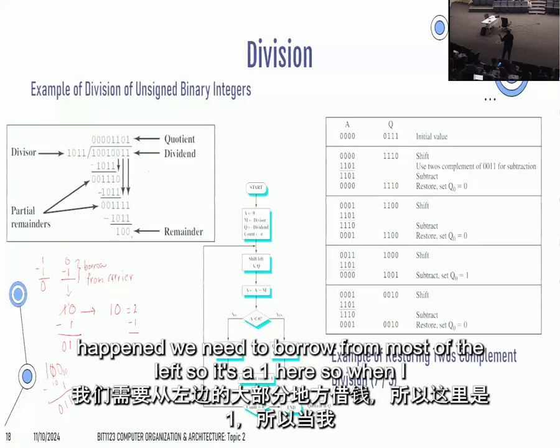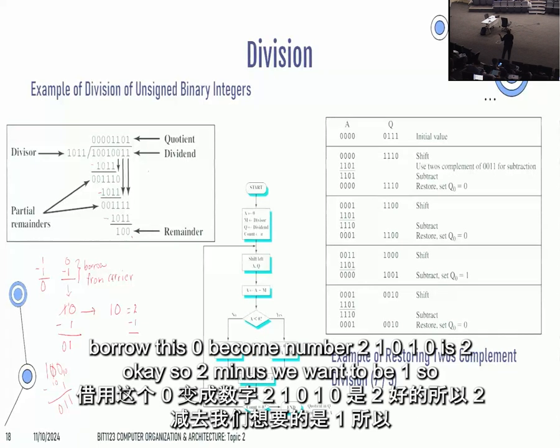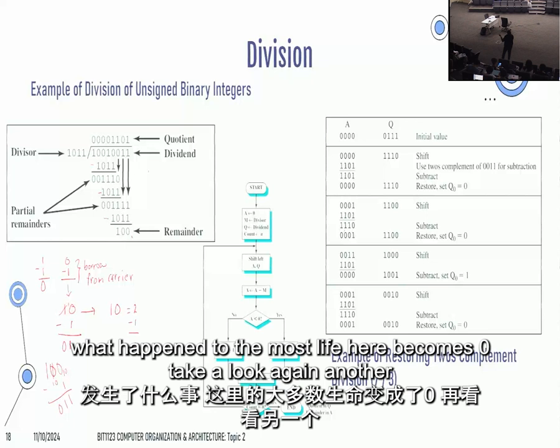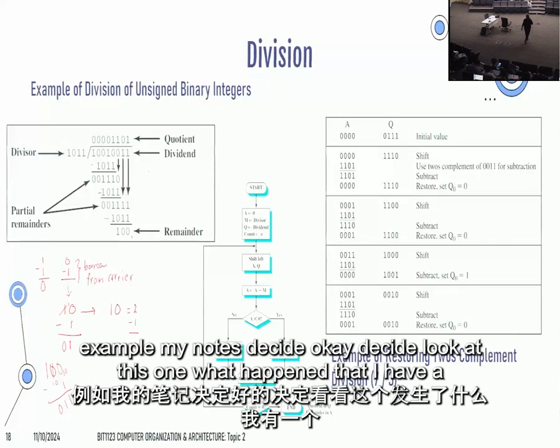We need to borrow from the left, so it's a 1 here. When I borrow, this 0 becomes 1, 0, which is 2. So 2 minus 1 is 1. And the 1 on the left becomes 0. Take a look again. Another example, my notes, this side.